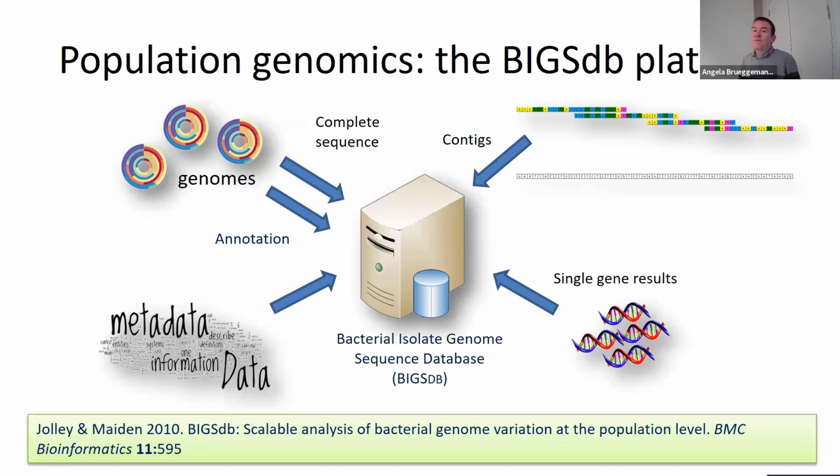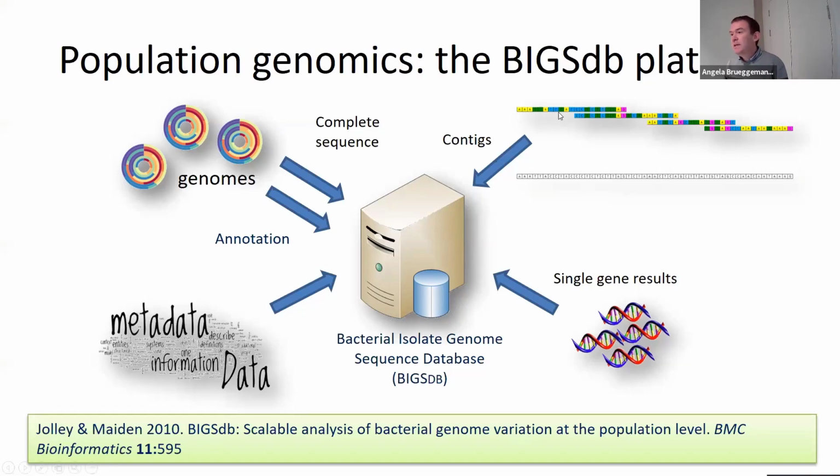The database has isolate records, which consist of metadata that describe where it comes from and maybe some phenotypic information, what disease it causes, and the provenance, so year, place, etc., and then tracking information such as who submitted it and when it was last modified. Then it has sequence data, which can be the result of a single sequencing reaction, like a Sanger sequencing run with small single gene results.